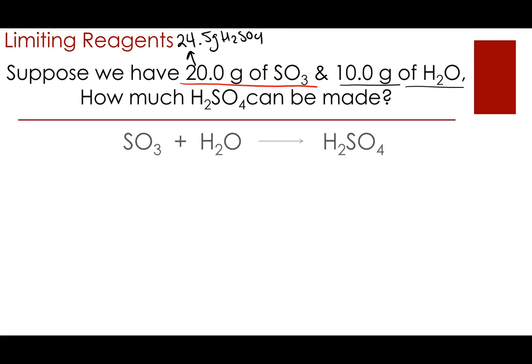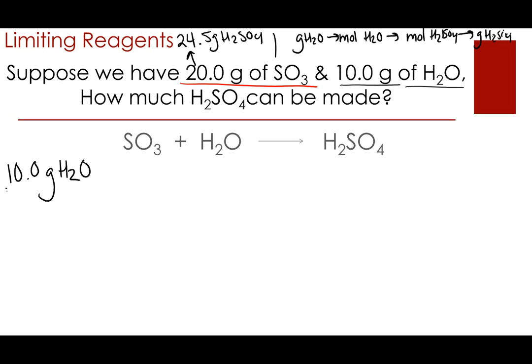Okay. So our process is going to be grams of water to moles of water to moles of our product to grams of our product. Okay. All right. So we're going to start with 10 grams of water. Do a gram to mole conversion.